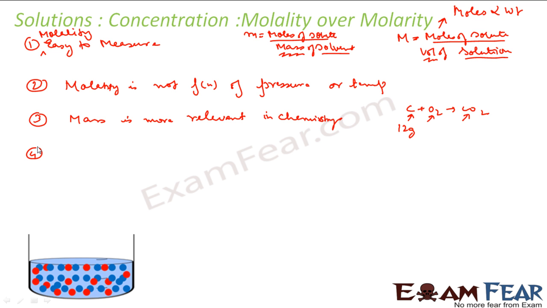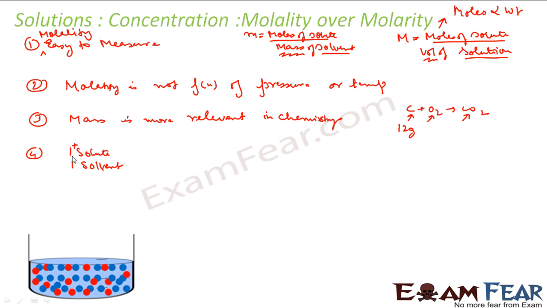The fourth thing, let's suppose, I'll take a scenario, right? Normally we are talking about a binary solution where you have 1 solute and 1 solvent, correct? But in the real world, we don't have binary solutions that much. We have solutions which have more than 1 solute, right? 1 plus solute.